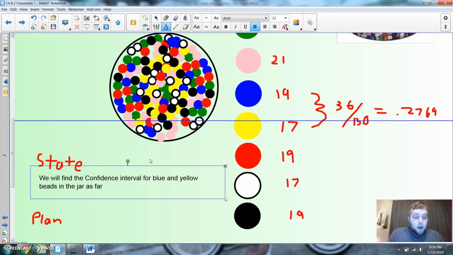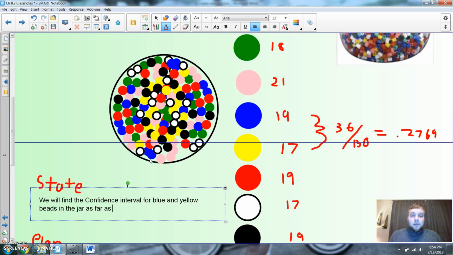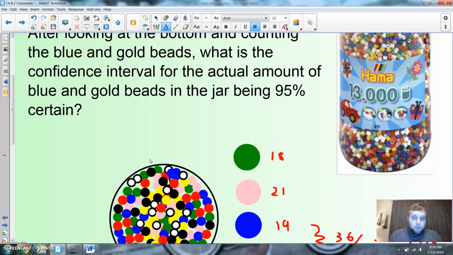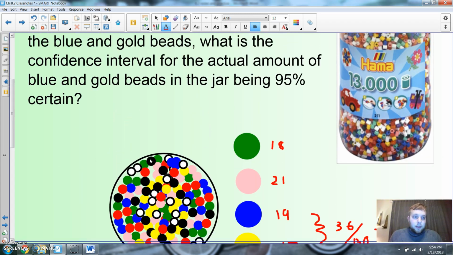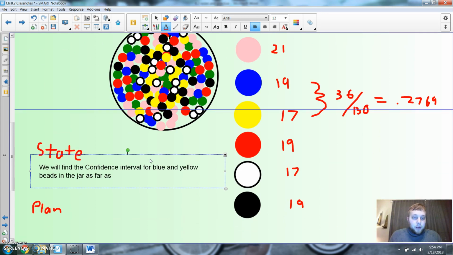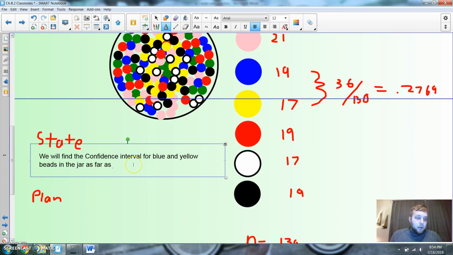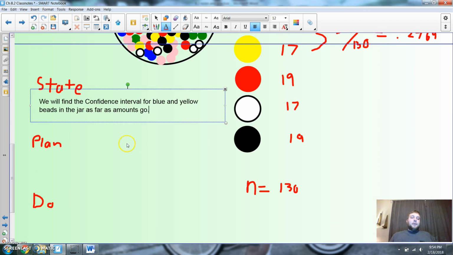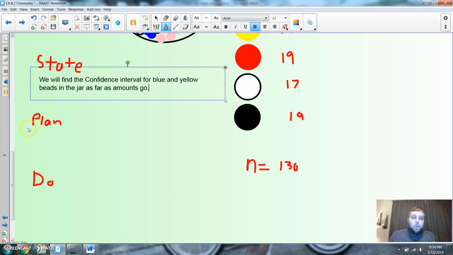Is it percents? No, it says actual amount. So, the interval for blue and yellow beads in the jar as far as amounts go. All right, well, let's figure this out. Okay, that's my statement.